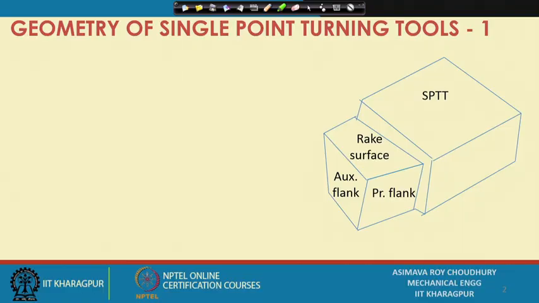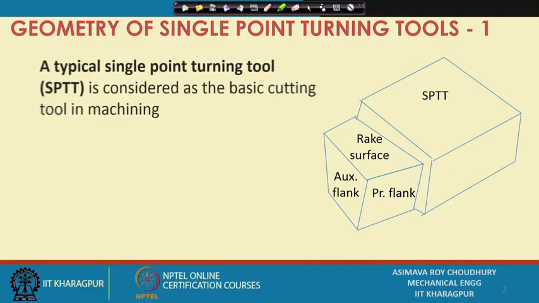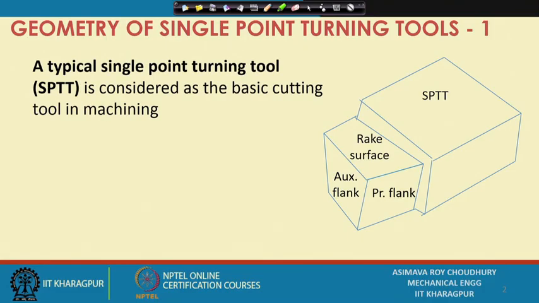First of all, on the screen you can see the shape of a single point turning tool, SPTT. This is considered to be the basic cutting tool or cutting element in machining.